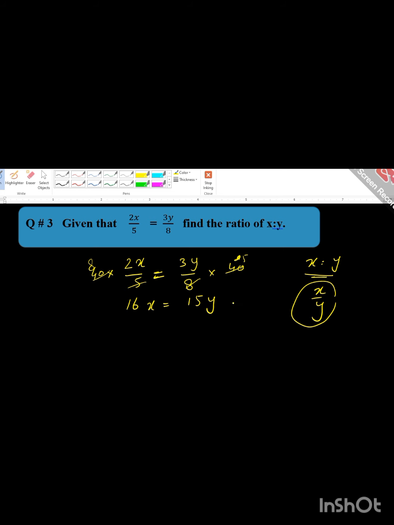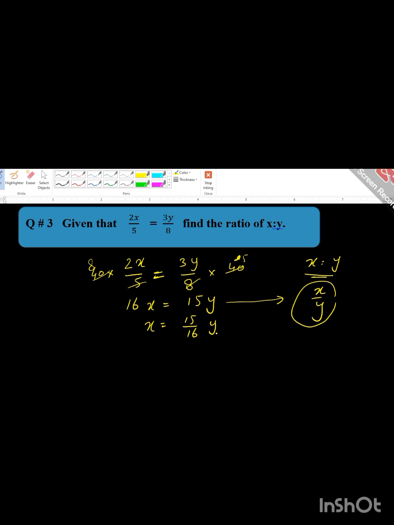Now we have to change this equation into a form where we get x ratio y. It means y will come in the divisible form and 16 will come. First we divide by 16 on both sides, then 16 will cancel here. We will get x is equal to 15 over 16 y.